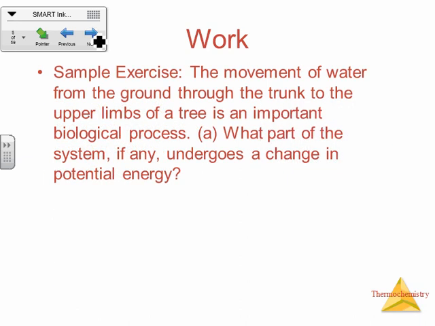Alright, so here's an example problem. The movement of water from the ground through the trunk to the upper limbs of a tree is an important biological process. What part of the system, if any, undergoes a change in potential energy? The answer is part of the system does undergo a change in potential energy. It's the water.